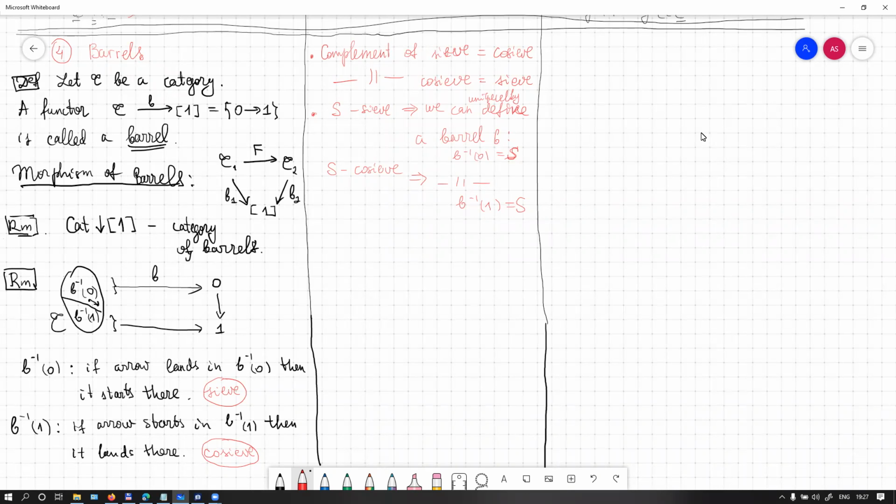So we have sieves in category C in bijection with co-sieves in C, in bijection with barrels.